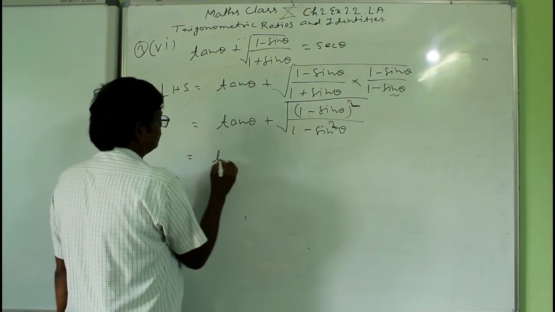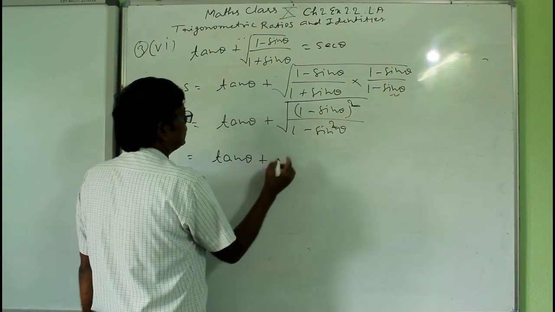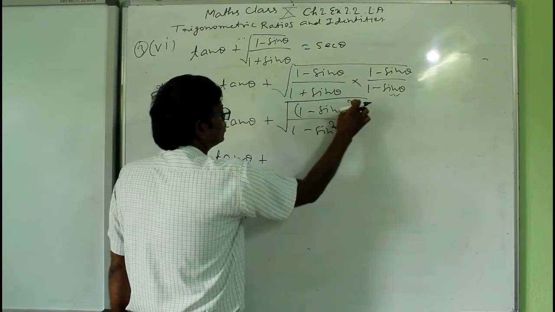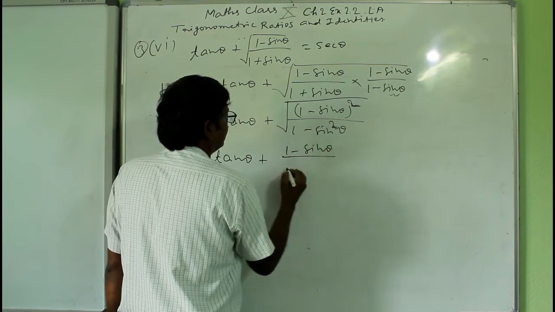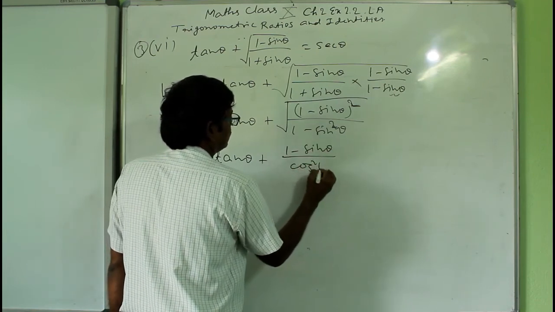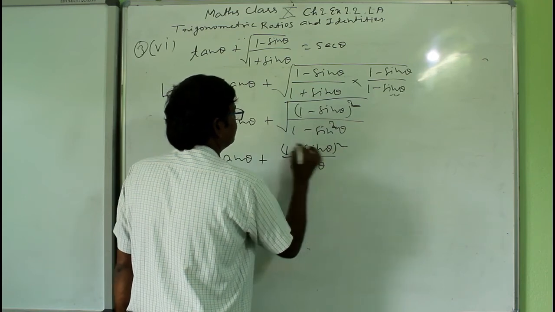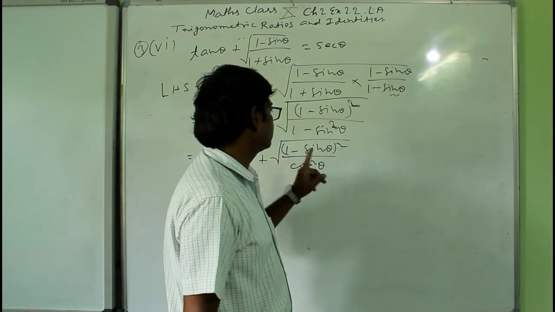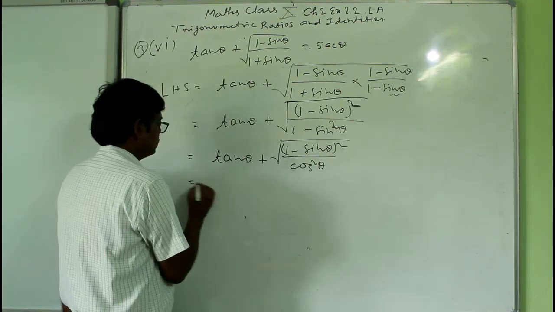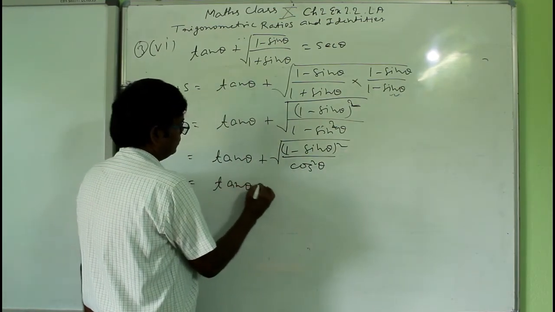Then next is tan theta plus, so now this is whole square here, and here 1 minus sin theta by cos square theta. Now see that this is also whole square, so we can remove the root sign.